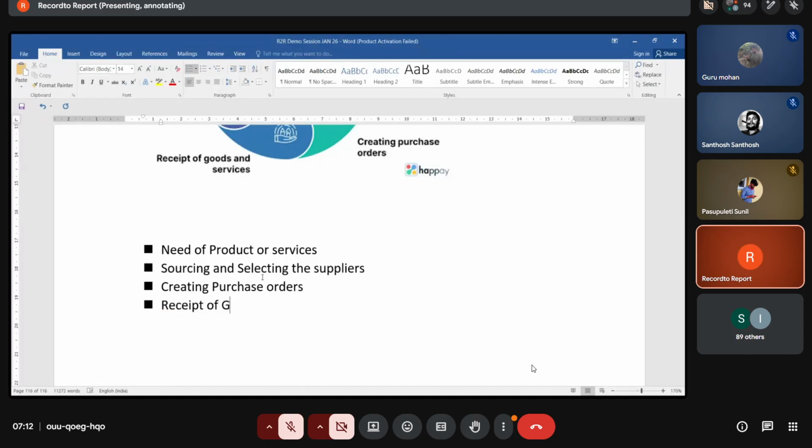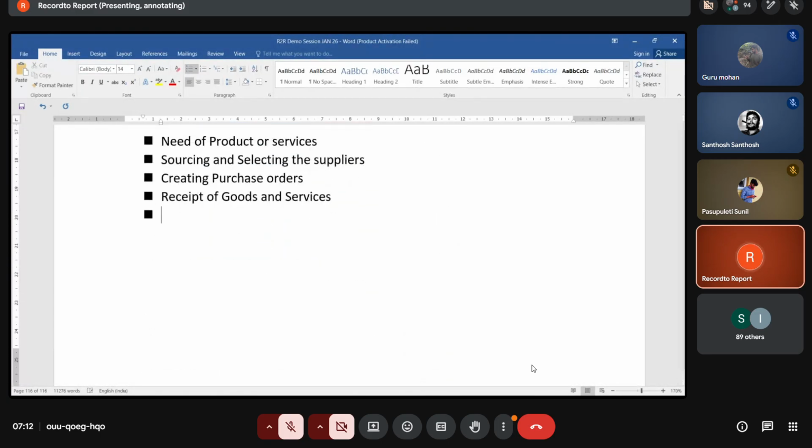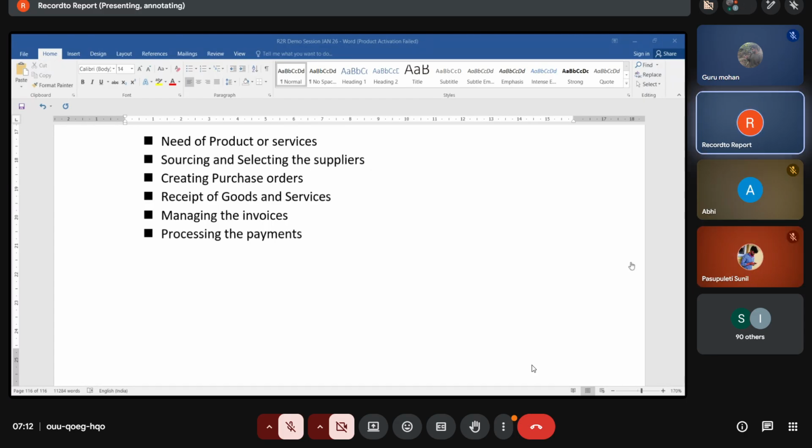Managing the invoices and processing the payments. So this is the end-to-end process of P2P. Let's understand the step-by-step process, where it will start and where it will end.